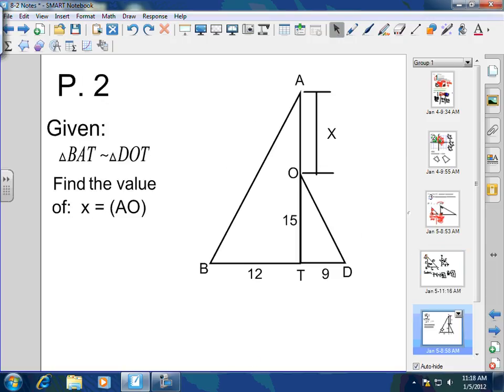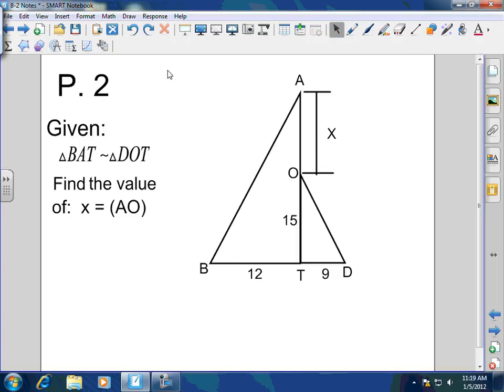Okay. So let's go back here to where we wanted to go. Perfect. Now, in this bad boy, we got triangle BAT, which I'm going to go ahead and outline in red. Okay? And I have BAT being similar to DOT, which I will highlight in green.